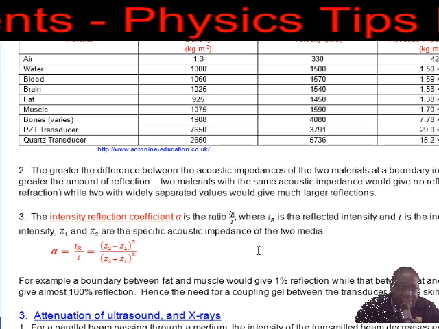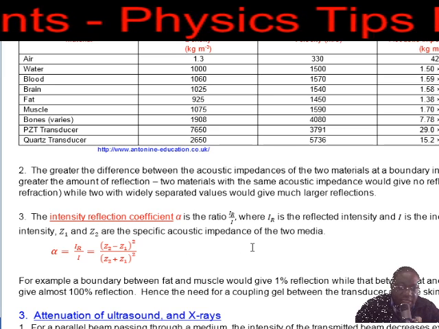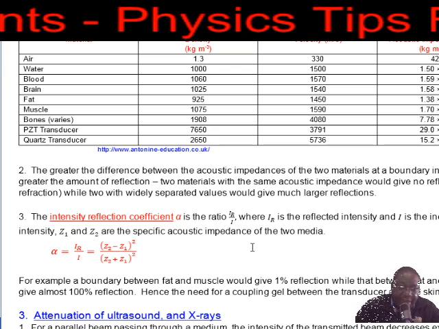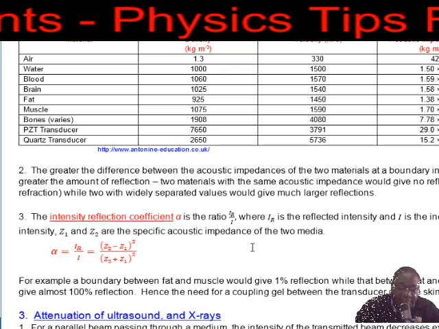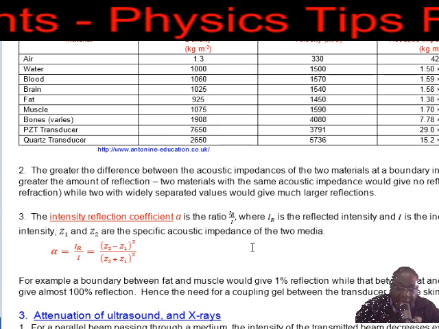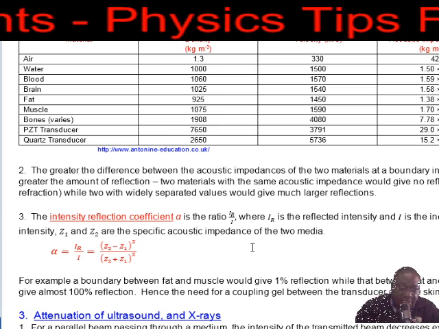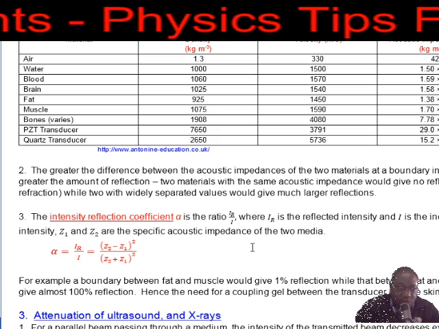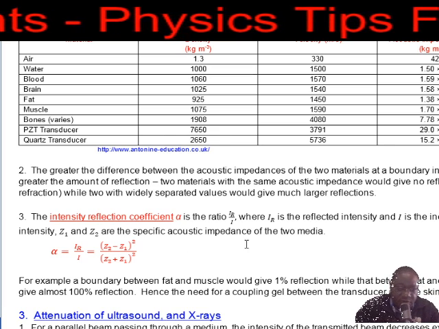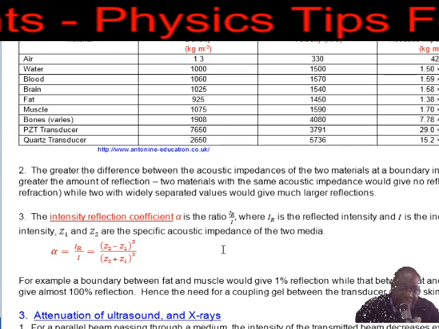The intensity reflection coefficient alpha is the ratio IR over I, where IR is the reflected intensity and I is the incident intensity. Z1 and Z2 are the specific acoustic impedances of the two media.